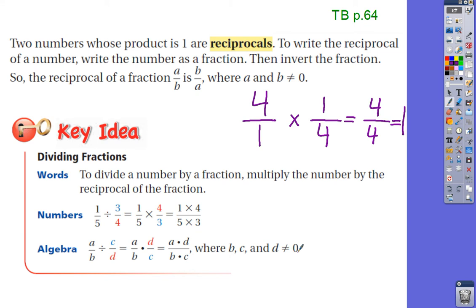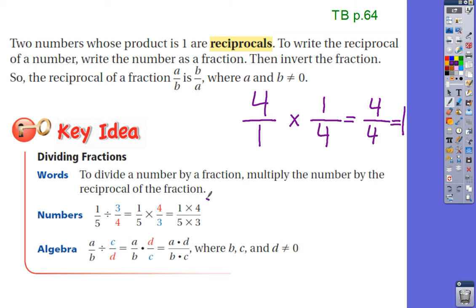So here they are showing us in numbers. We have 1/5 divided by 3/4. If I wanted to find the answer to this, I keep the first number the same, 1/5. I change the division sign to multiplication and flip over, or invert, or use the reciprocal of 3/4, which is 4/3.